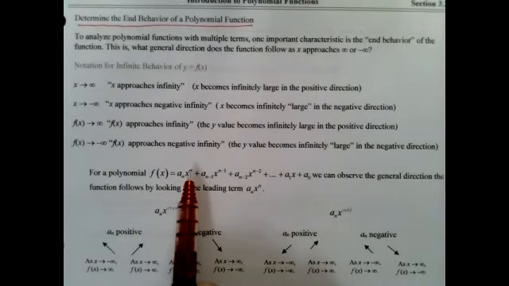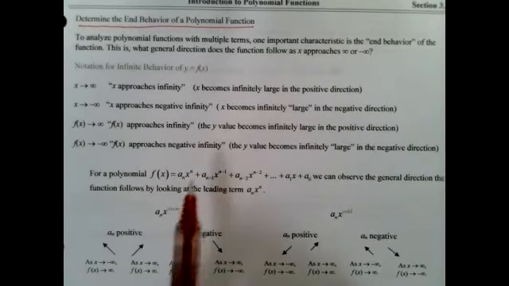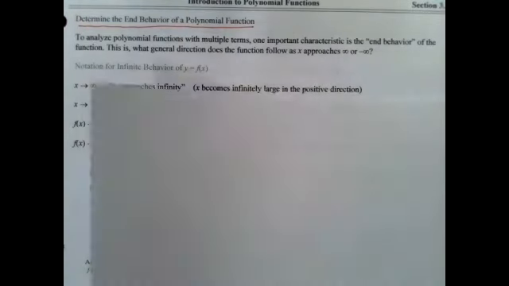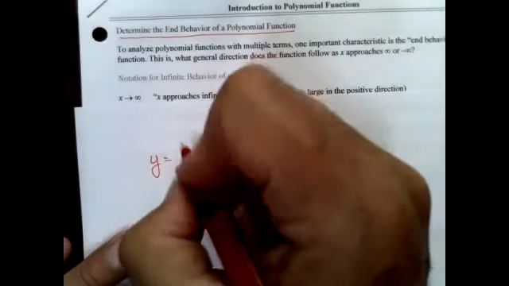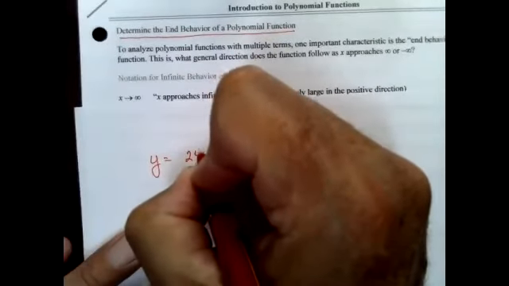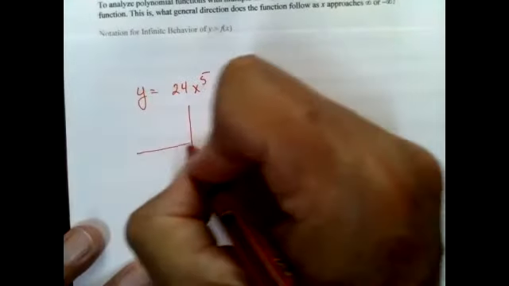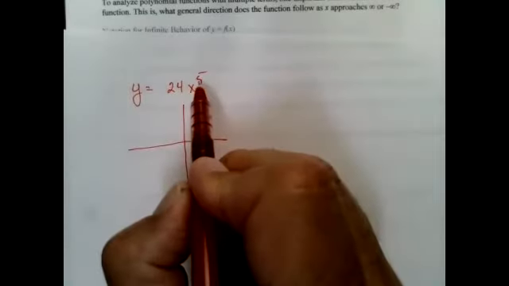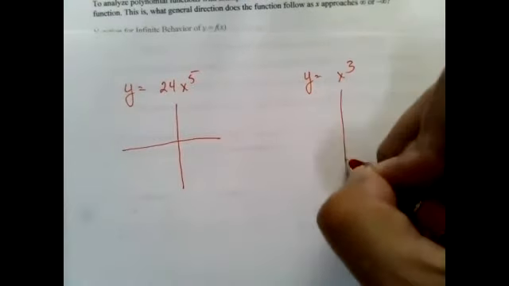My first term is x squared. My first term is x to the fifth. Anything like that. If I start with an equation and I say y equals 24x to the fifth, something's going to happen. And what is my end behavior? Well, this guy is odd, so we're going to treat him like y equals x cubed.